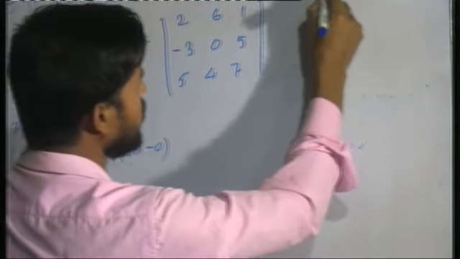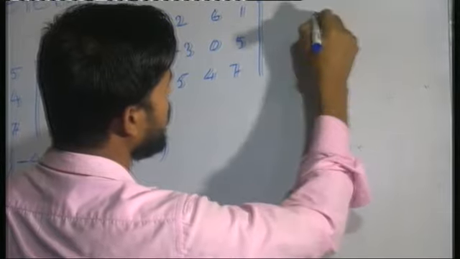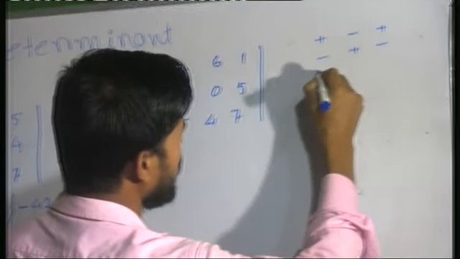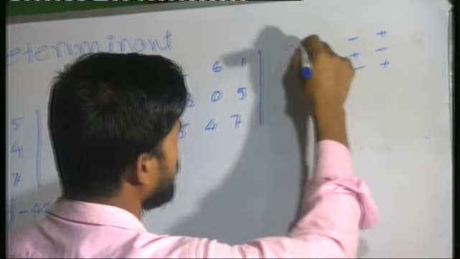So the rule is plus minus plus, minus plus minus, plus minus plus.